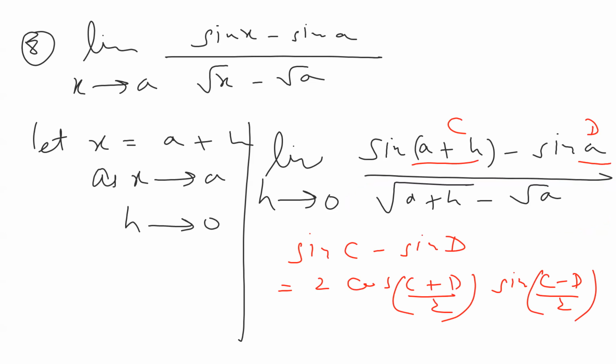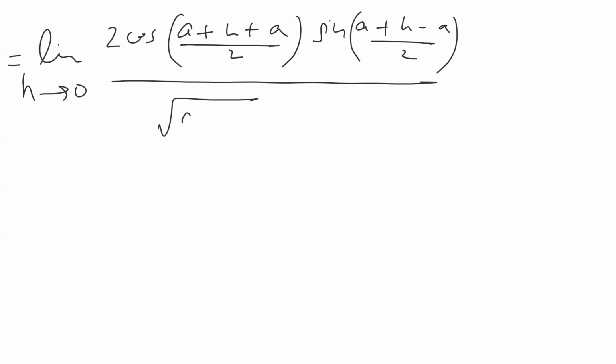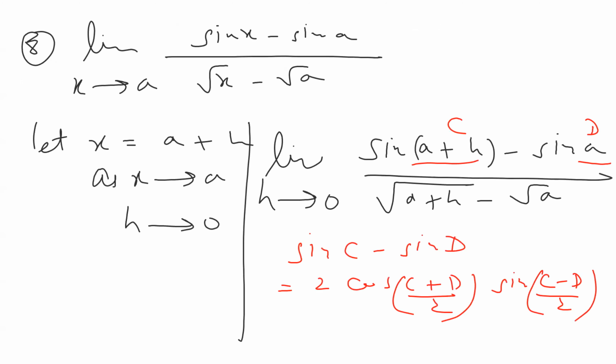Okay, so this will be limit h approaching 0, 2 cos of c plus d, so this plus a upon 2, sine of this minus a upon 2, upon root of a plus h minus root a.